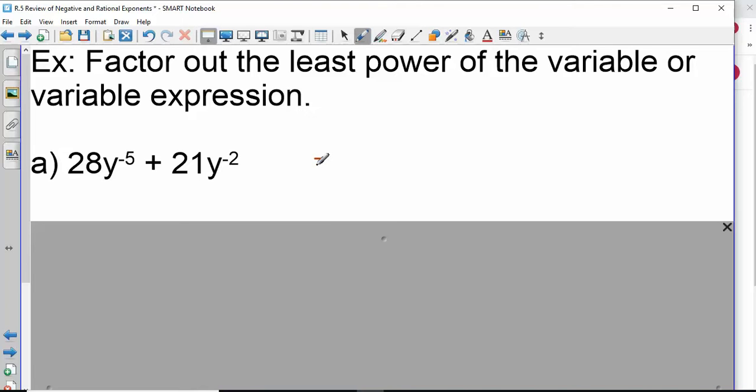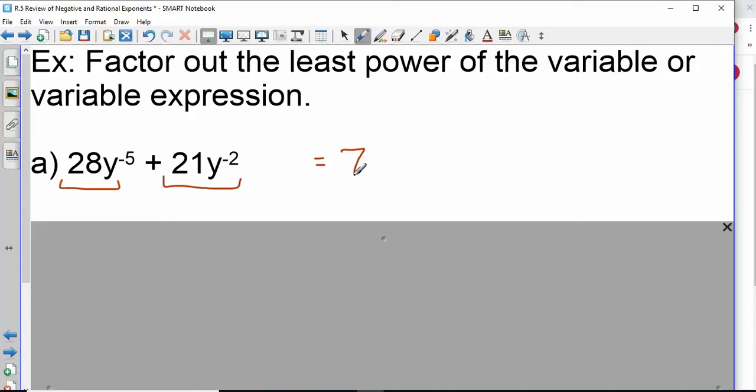Okay, so 2 terms. First step to factoring, we always look for greatest common factor. Start with the coefficients. 28 and 21. We can take out 7. Okay, if I gave you like 28y to the 5th plus 21y squared, let's say that exponents weren't negative, how would you know what to pull out for your y's?